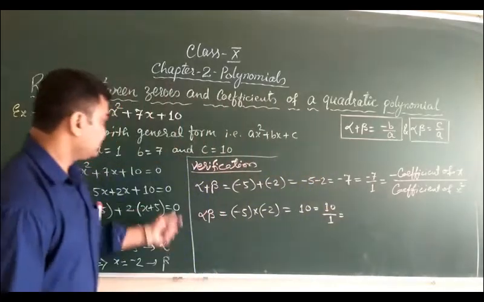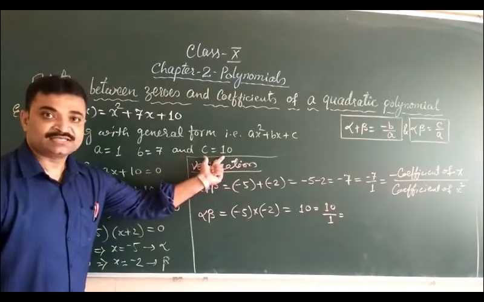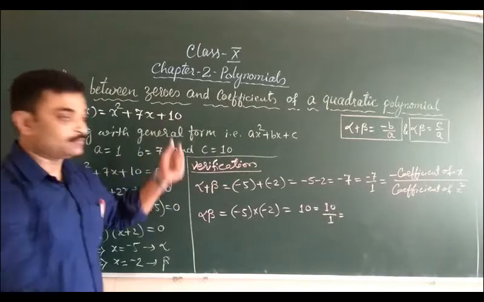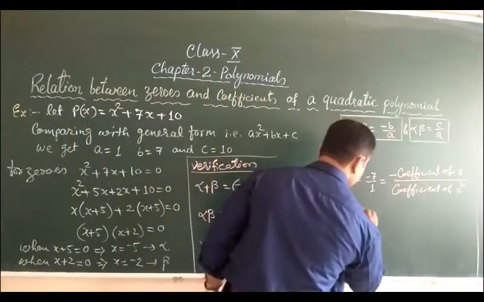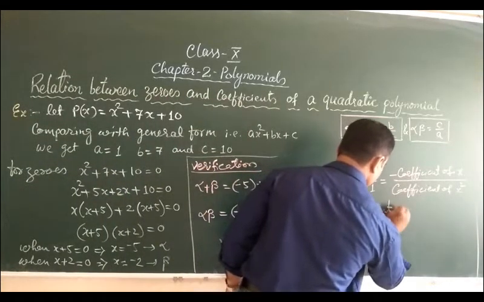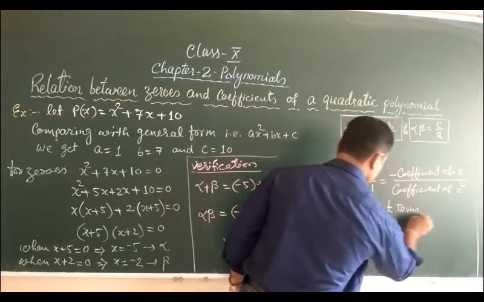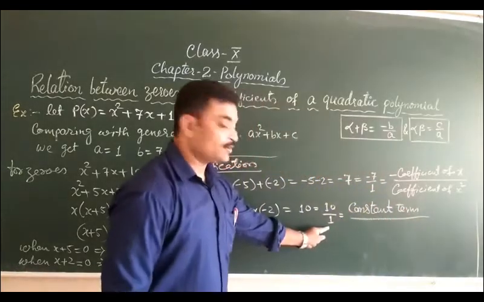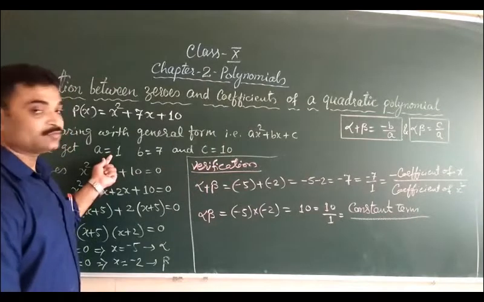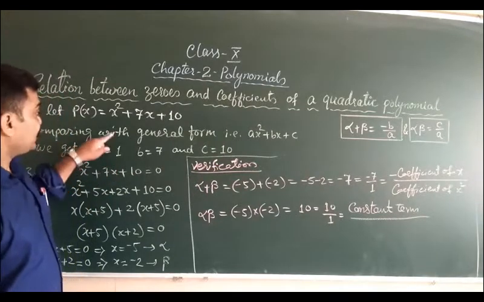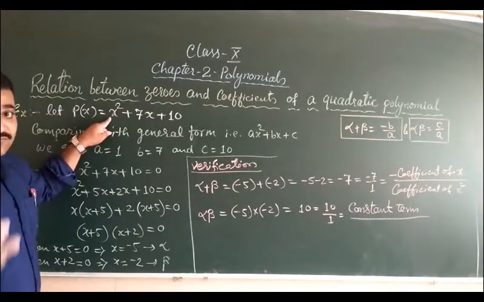And what is 10? 10 is c, that is, c is equal to 10. And what is c? That is the constant term. So we can write constant term upon a. What is a? A is 1. And what is 1? Coefficient of x square.